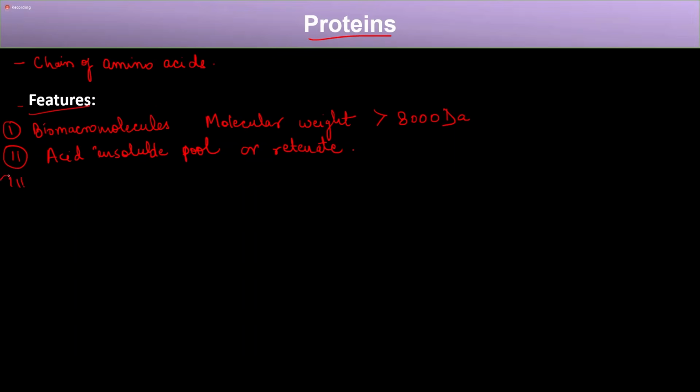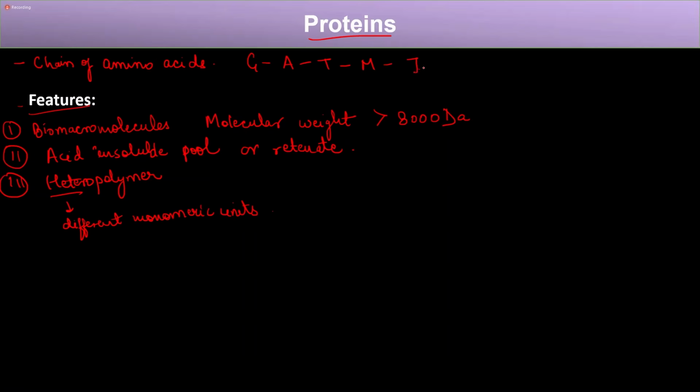Now the third thing is, proteins are heteropolymers. What do I mean by heteropolymer? Hetero means different, right? So they have different monomeric units. If I'm saying that a protein is a chain of amino acids, by this I mean that it has glycine, alanine, threonine, methionine, isoleucine, and so on.